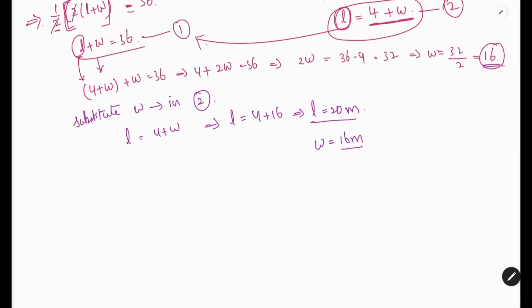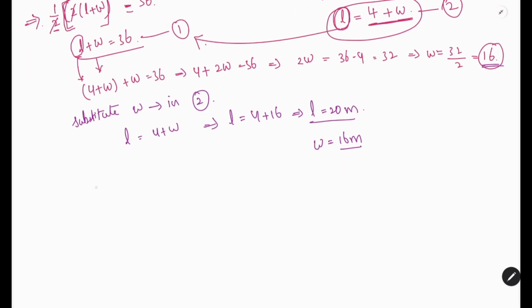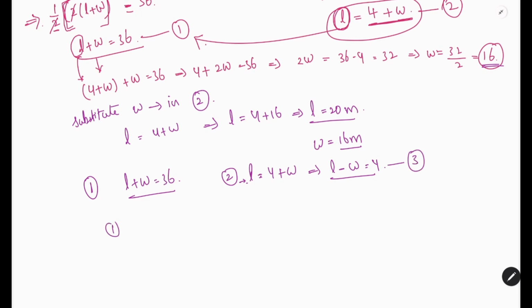Instead of substitution, what we can do is, see, in the first equation we got length plus width equal to 36. In the second equation we got length equal to 4 plus width. In this second equation, if you take width to the left side, what will it become? Length minus width equal to 4. So let us take this as the third equation. Now subtract the first equation and the third equation.